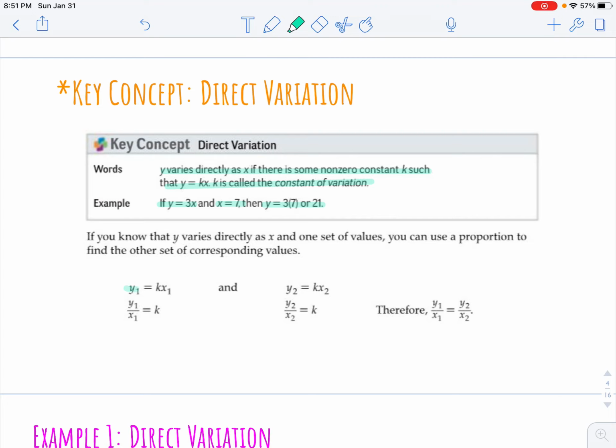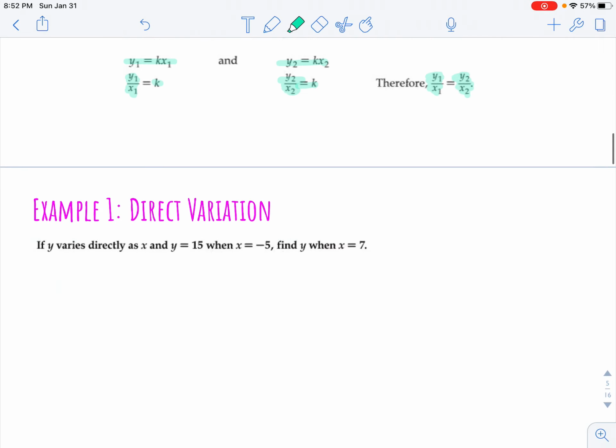So you know that y1 equals kx1, or y1 over x1 equals k, and y2 equals kx2, so y2 over x2 equals k. Therefore, y1 over x1 equals y2 over x2.